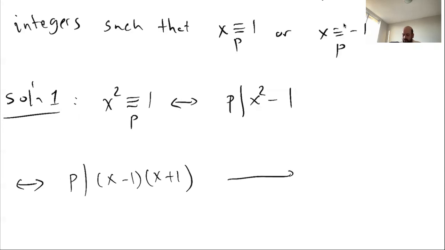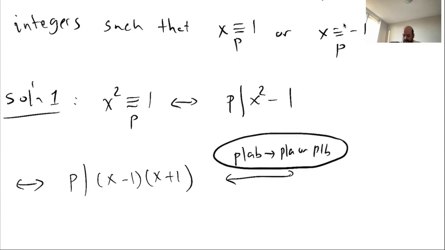We know from 2 lectures before that if P is prime and divides AB, then P divides A or P divides B. This is a very important fact. We stated this 2 lectures ago, but we also used it last lecture.